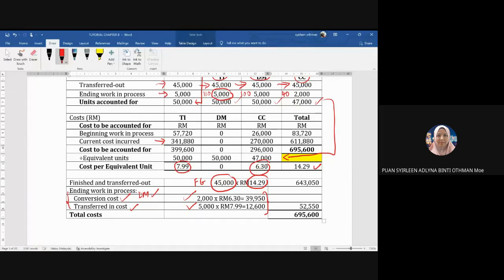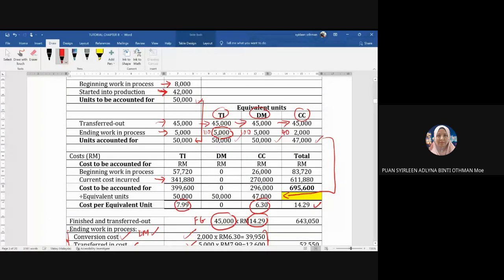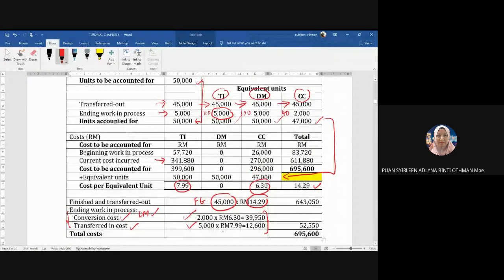Madam, saya kira 2,000 darab RM6.30 tu 12,600. Macam jumlah terakhir dia terbalik. 12,600 tu di atas, yang 39,950 tu di bawah. Oh, okay, kejap. 7.99, right? Terbalik. Dia punya unit tu salah. This is 5. 5 times 7.99, transfer in. Conversion cost ni awak letak yang ni?